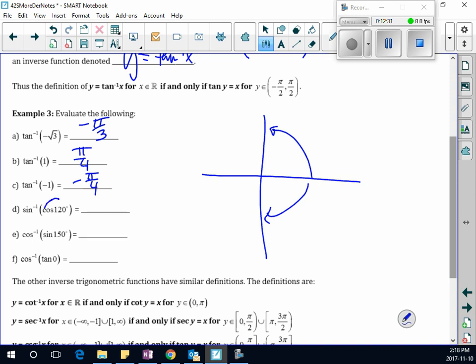This would be negative a half, and then inverse sine of negative a half is negative pi over 6. But the thing is it was first stated in degrees, so I just put that.